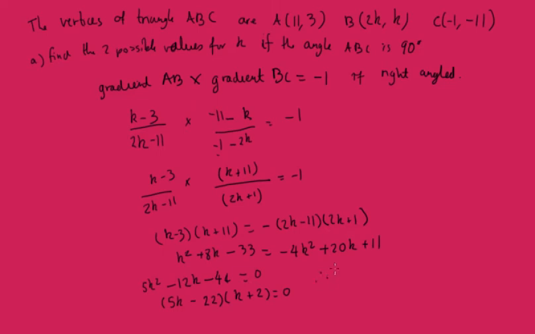So therefore k is going to be either 4.4 or k is going to be equal to minus 2.